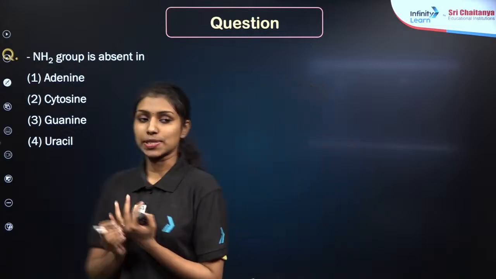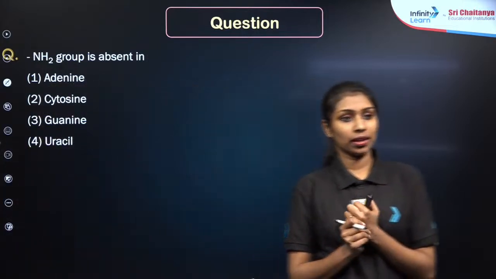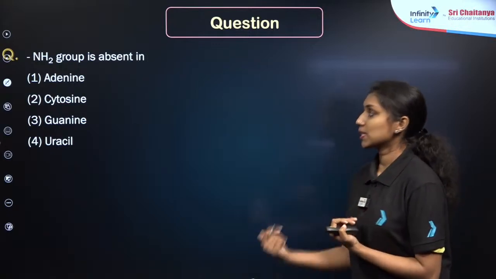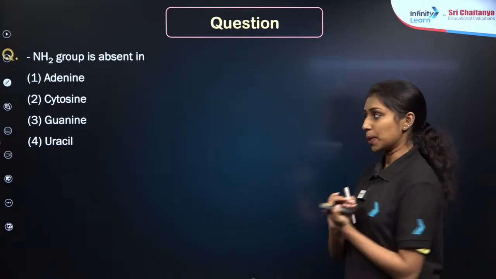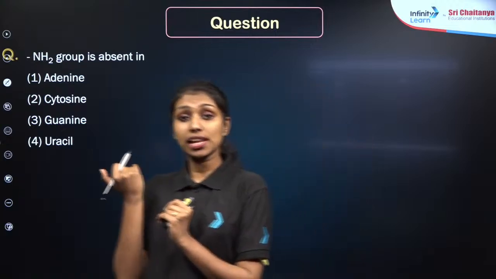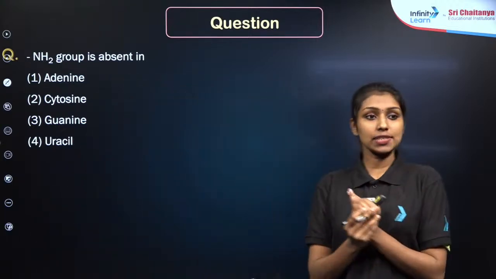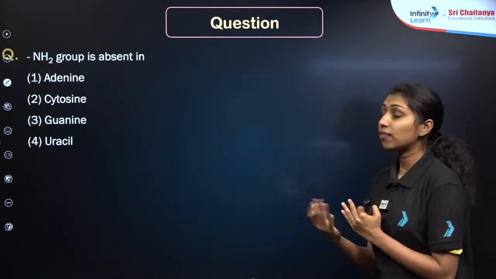Again, here is the next question. The NH2 group is absent in. This question is based on the structure of nitrogenous bases. We have already seen the structures of 5 different nitrogenous bases, right? We have to identify the nitrogenous base which does not have the NH2 group.